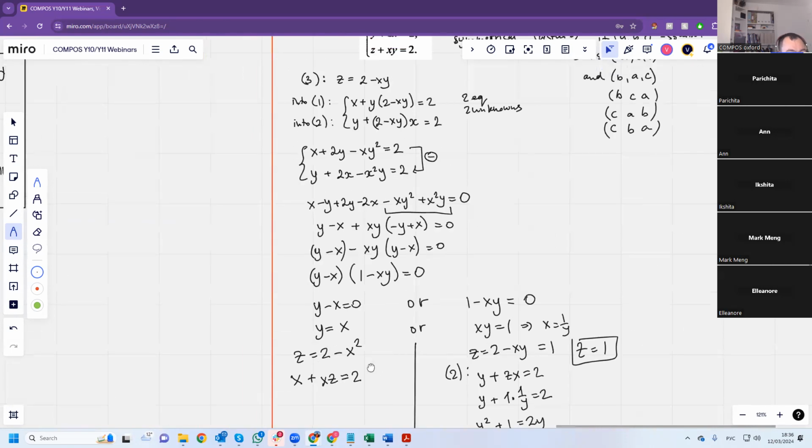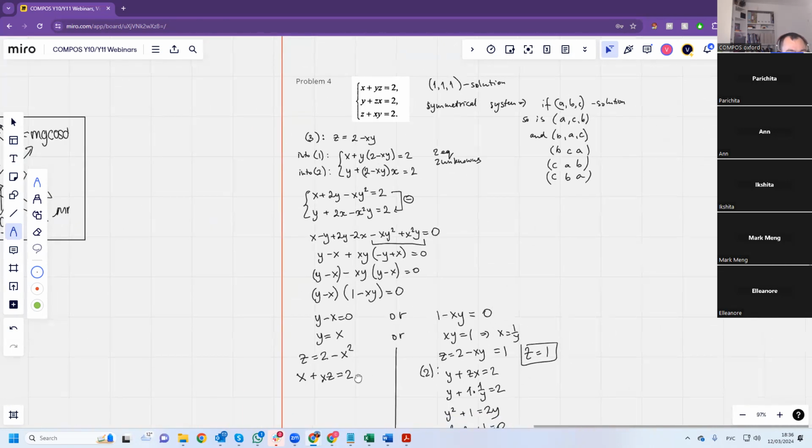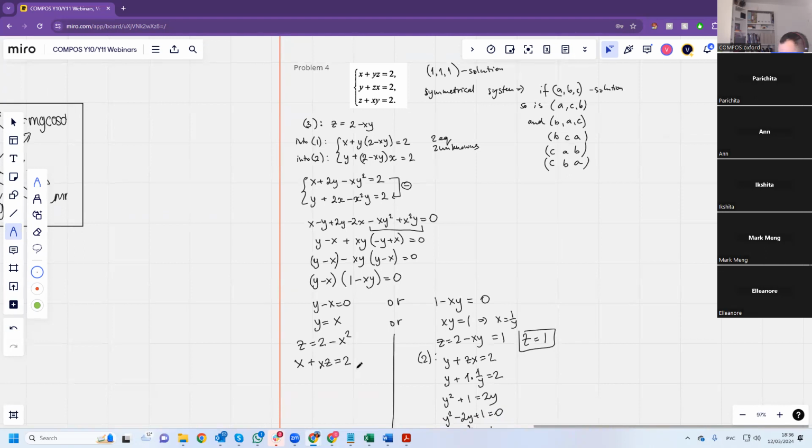I'm using a slightly different method from the one I've prepared for you. So, okay, x plus xz. So we can sub that in. We can do x plus x multiplied by 2 minus x squared equals 2. x plus 2x minus x cubed equals 2. 3x minus x cubed is equal to 2.